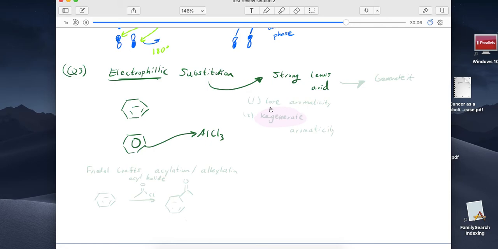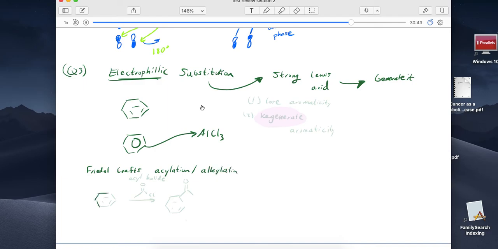And so for some of the reactions we've seen, either we start out with it, or we have to generate it. The classic examples of those are Friedel-Crafts acylation and Friedel-Crafts alkylation.